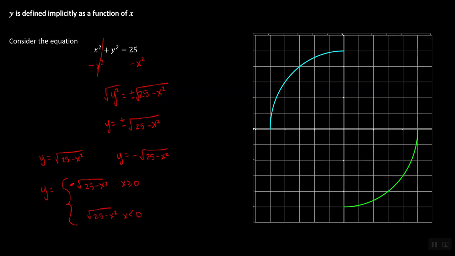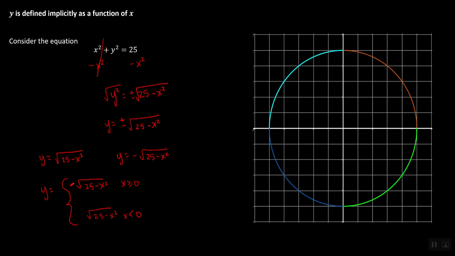So we found multiple equations, multiple functions of x that solve this equation, and none of them actually give us the entire circle. We would need all 4 pieces together to make the full circle. Which means if I wanted to find the equation of a tangent line in quadrant 2, I would need to use the appropriate function of x to find the tangent line here.